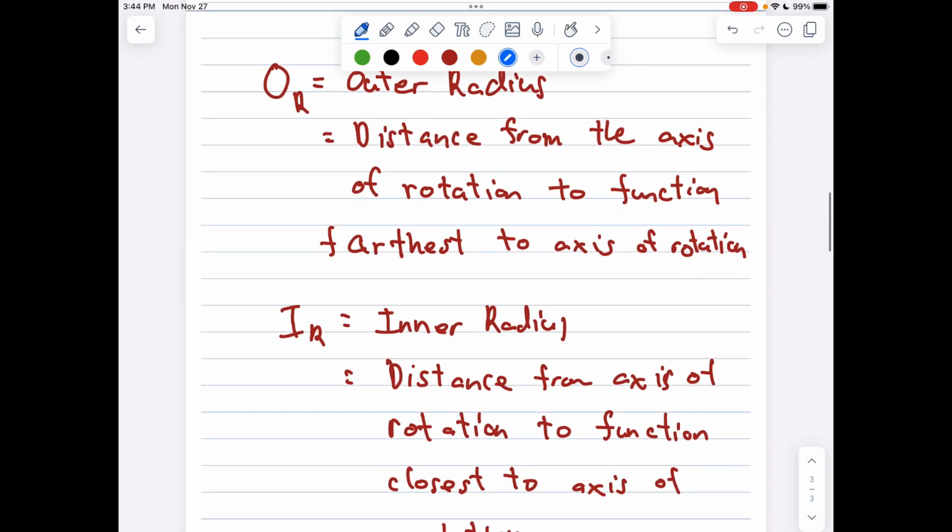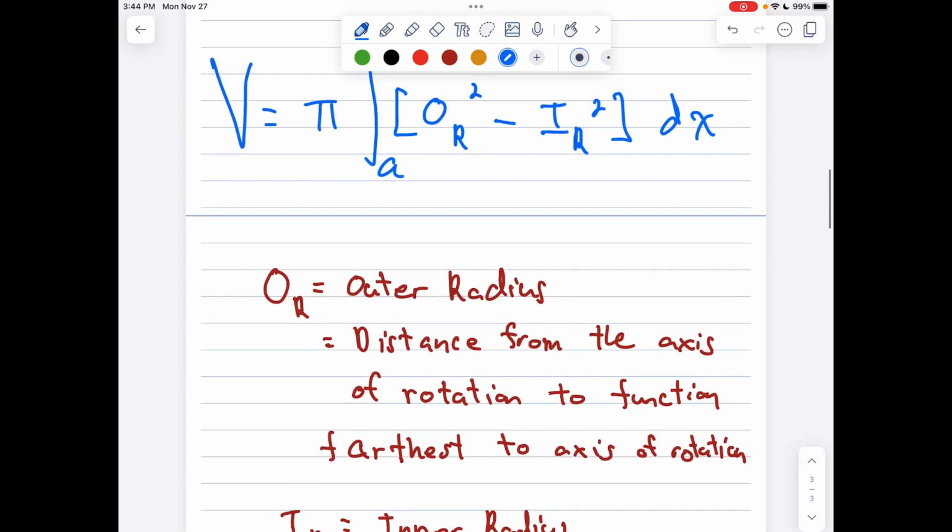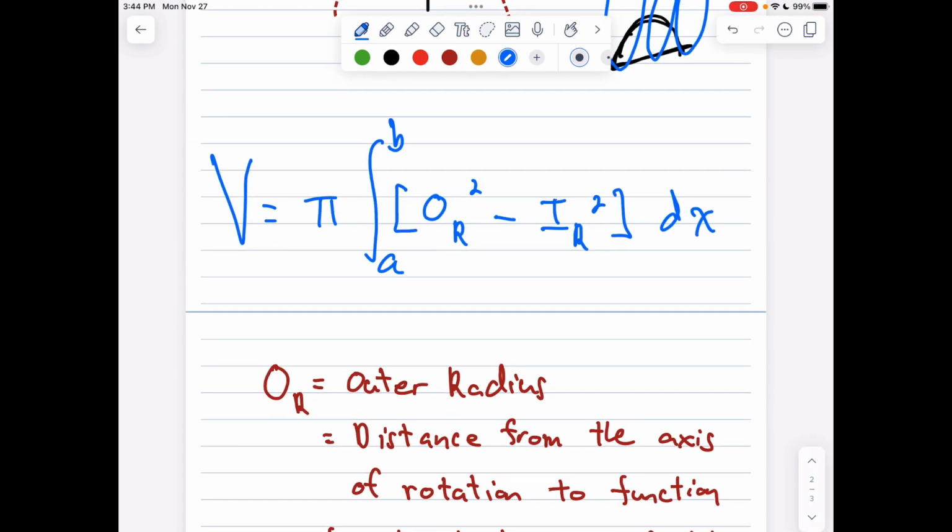And then we have IR, the inner radius, which is the distance from the axis of rotation to the function closest to the axis of rotation. I write this in this particular way because many books and teachers write f of x squared minus g of x squared, something along those lines, because you're essentially working with two functions and subtracting their volumes, which is true.